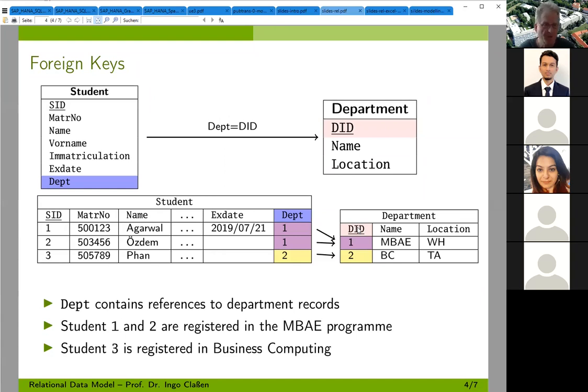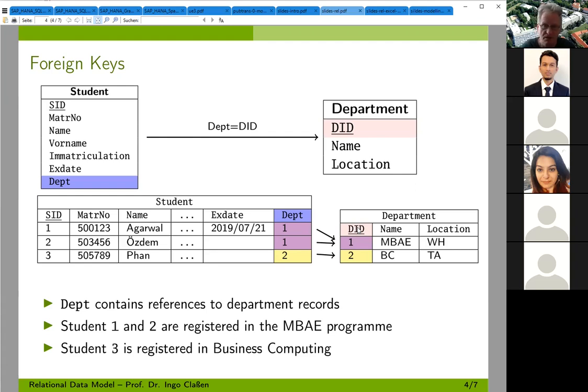Okay, now, of course, usually we do not have only one table within our database, but many tables. And of course, we would like to relate information between different tables.